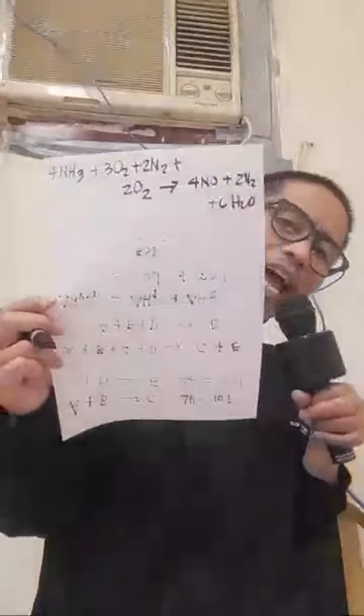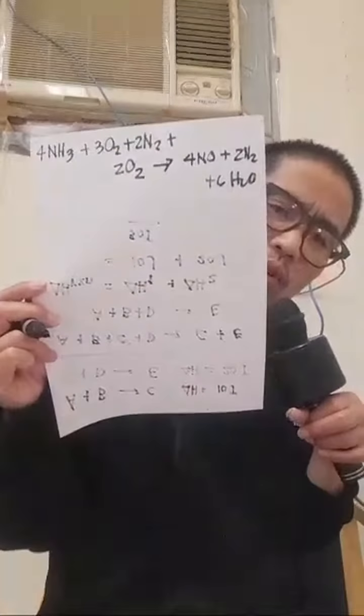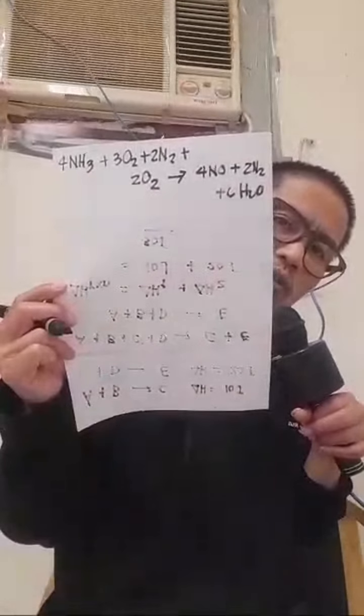So this is now our overall reaction upon adding reaction number 3, which is N2 plus O2 is equal to 2 moles of nitric oxide. So we cancel now the nitrogen gas because it has the same quantity.